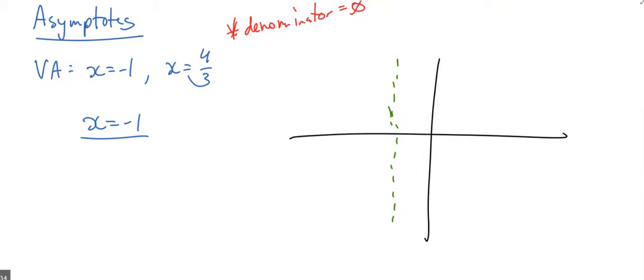You could choose -0.99 for the right side. Yeah. And then -1.01 for the left. What are we going to get? What's going to happen? It might go up, or it might go down. So we're going to get numbers that show that y is going up, or numbers that show that y is going down.